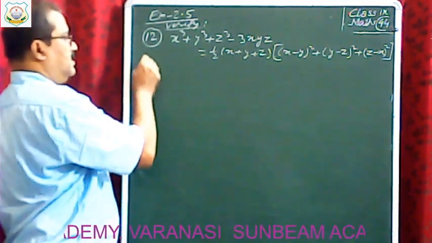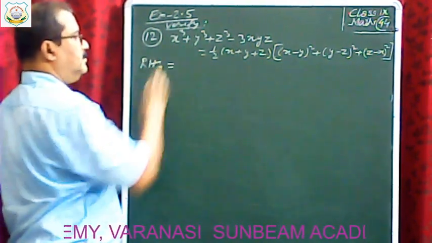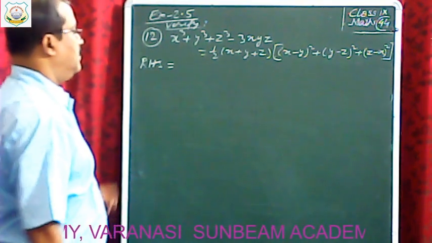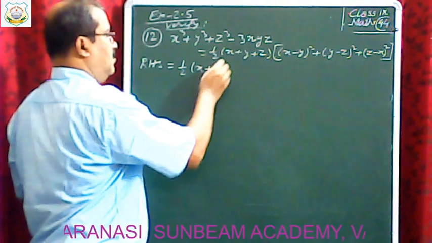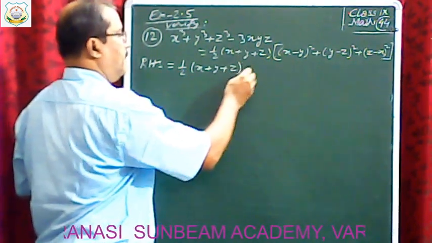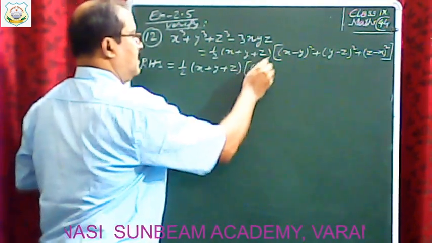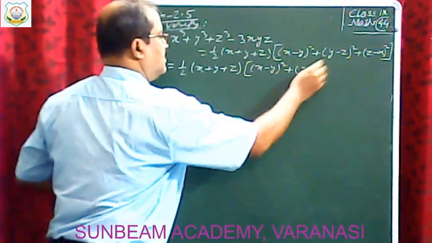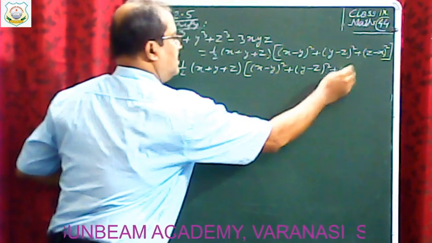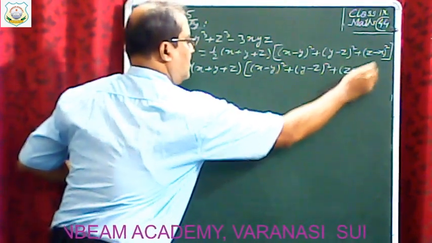So taking RHS, okay, RHS is half, x plus y plus z, and thereafter x minus y whole square plus y minus z whole square plus z minus x whole square.